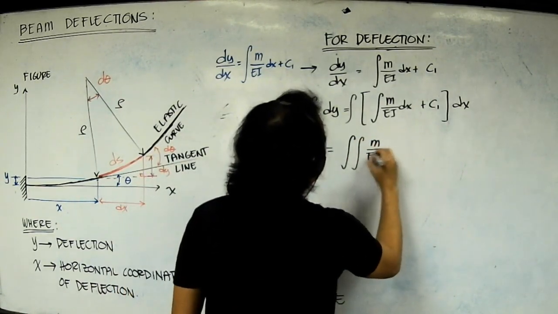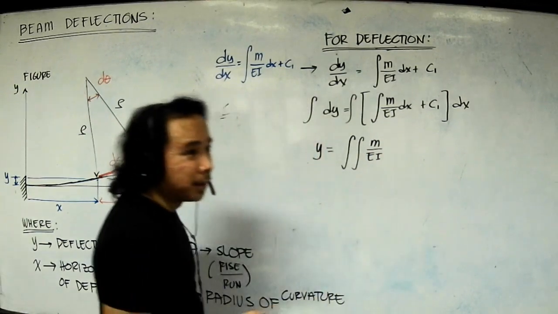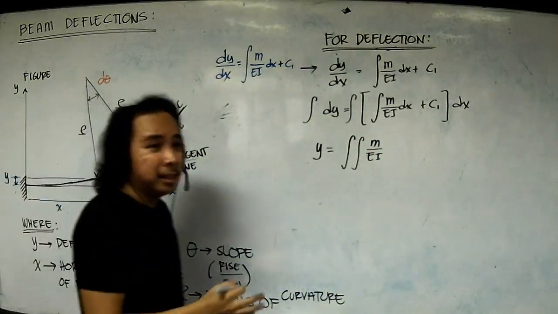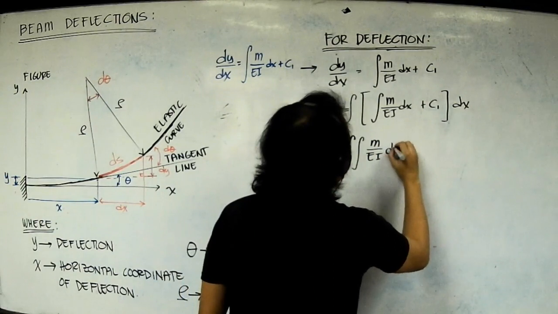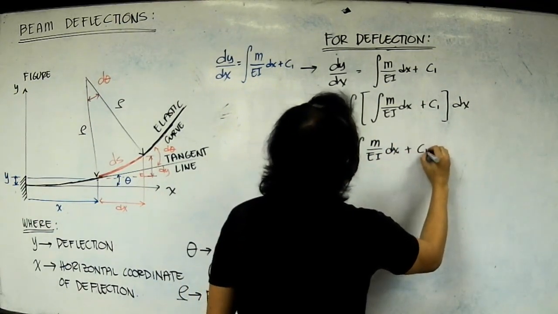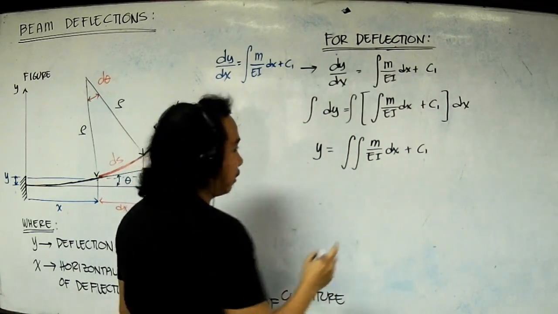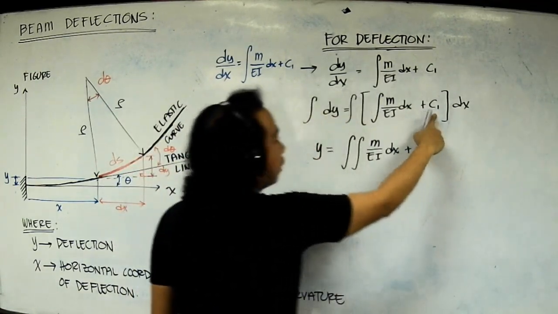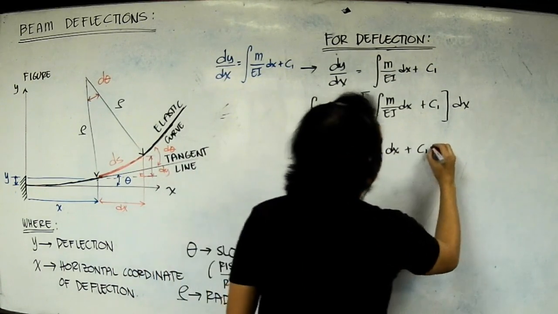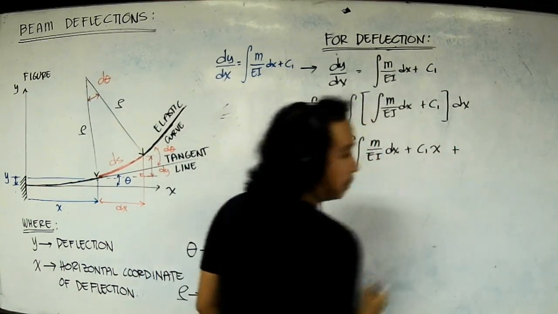This is not the double integral from multivariable calculus. This is just one-dimensional calculus. Essentially, we integrate twice. So we integrate once, plus C1 x, a constant.